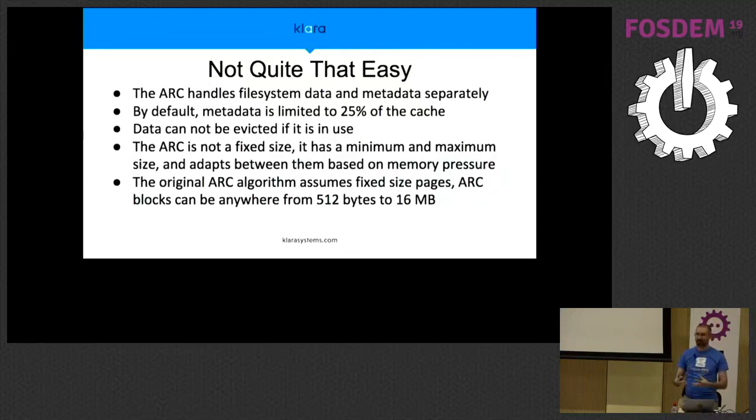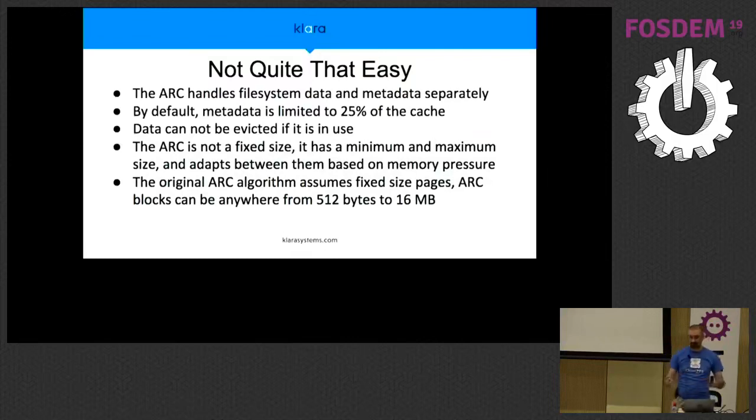Compared to the original ARC algorithm described in the academic paper, ZFS's implementation had to be a bit different for a number of reasons. The first one is the size of the cache is not fixed. ZFS's ARC can be shrunk if the system needs memory. By default, ZFS will take a large fraction of all the memory on the system, up to 95%.